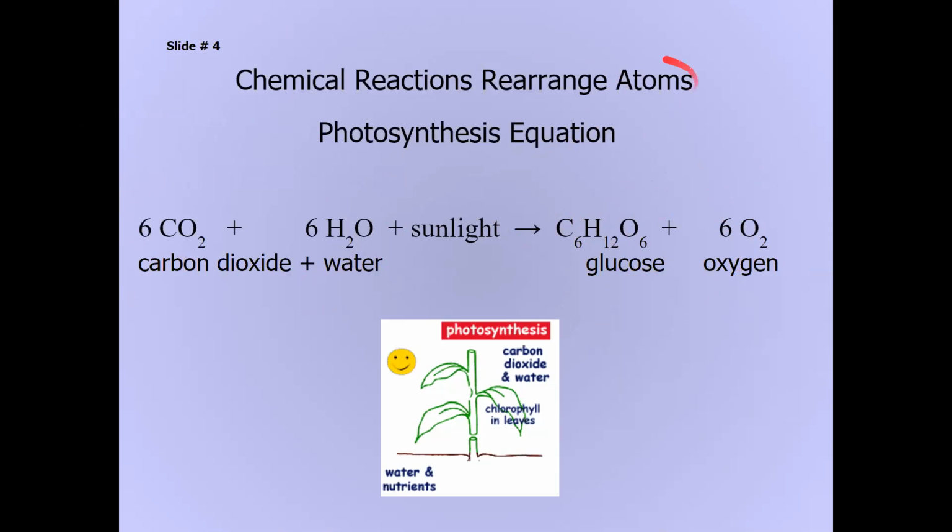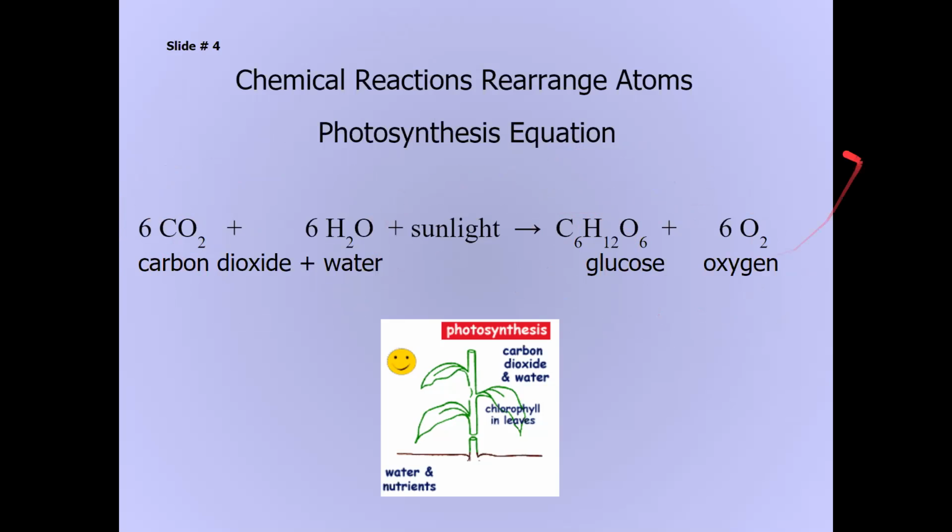Instead, all we did was rearrange the atoms, right? So we can't make or destroy atoms, right? Instead, all we can do is rearrange the atoms that we have into a different setting. So as this reaction happened, it took the C's, O's, and H's from the carbon dioxide and water and rearranged them, remixed them into C's, O's, and H's to make glucose and oxygen.